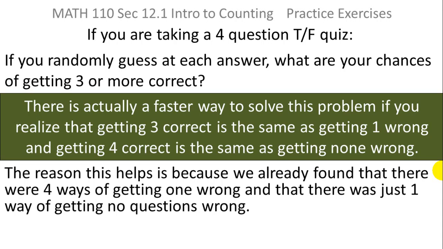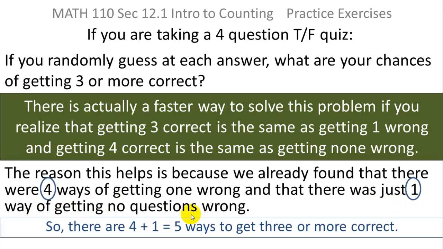So really, if you thought about it, you could just go back and see that there were 4 ways that we found of getting 1 wrong, and there was just 1 way of getting none wrong. So you could have gotten 4 plus 1 is 5 without having to go through even scanning, because we had really already solved that problem. It was just asked in terms of being correct instead of being incorrect. But if you notice that, you'd get there a lot quicker.